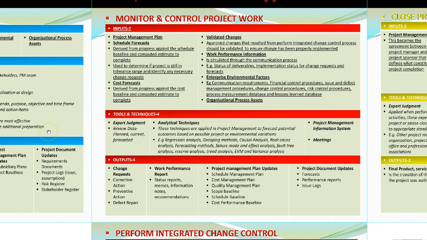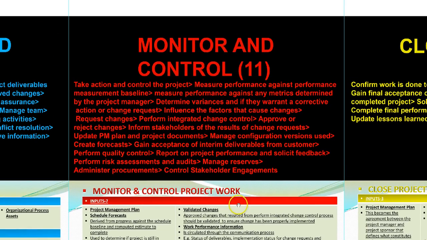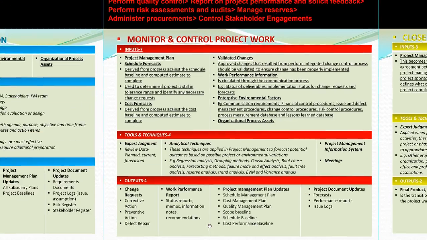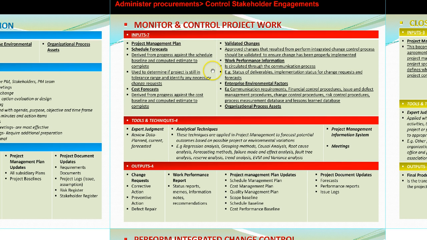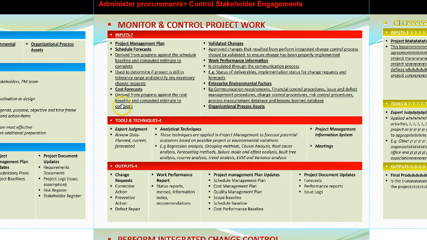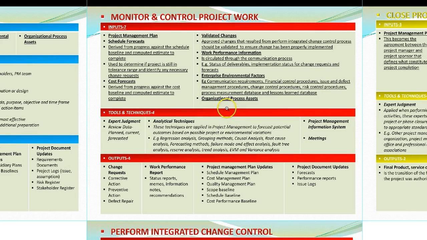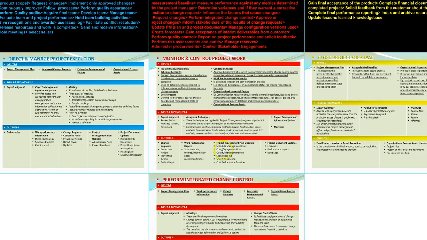This is monitor and control project work. Now which process group does this fall in? It falls in the monitor and control process group. Again, there is a total of 11 processes all the way down, but when it comes to project integration management, there are just 2 processes.